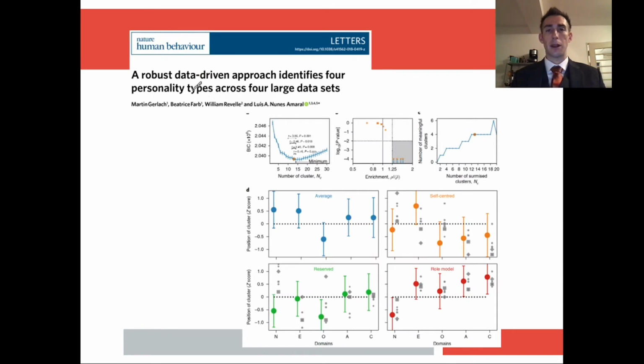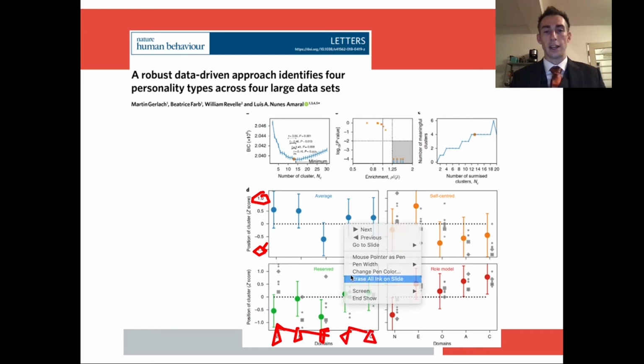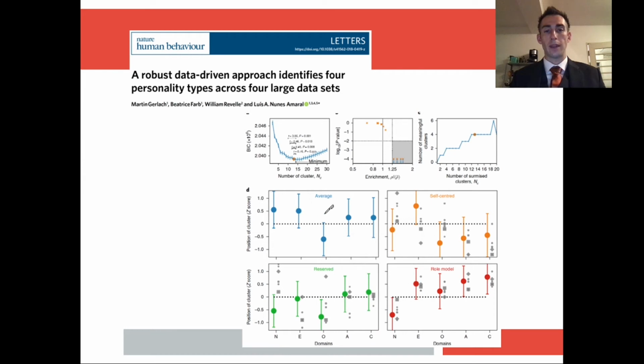Actually, there was a nice paper that came out last year or the year before that showed that most people, if you look at their values between 1 and -1 for the 5 different categories: neuroticism, extroversion, openness, agreeableness, and conscientiousness, there are actually 4 different clusters of people, 4 different types of people.